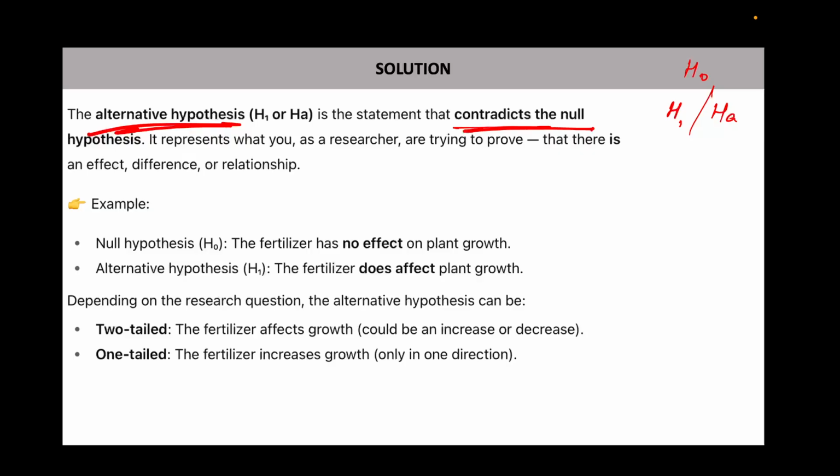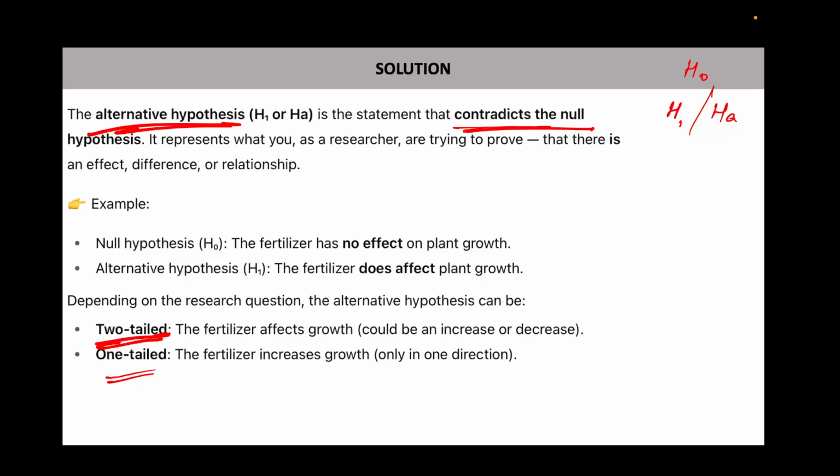Now, an alternative hypothesis can be either a two-tailed hypothesis or a one-tailed hypothesis. If it cannot be proved what kind of effect a particular thing is showing, or what the particular relationship between two things is, then it is two-tailed.